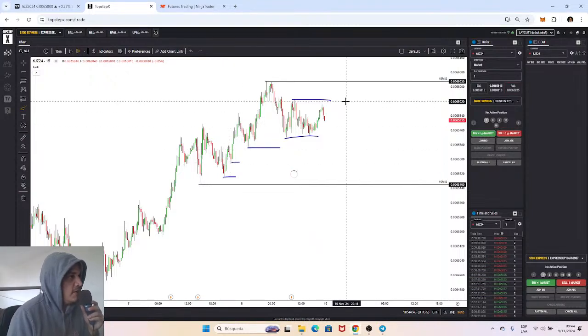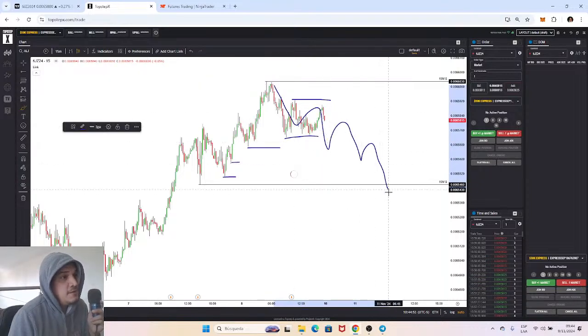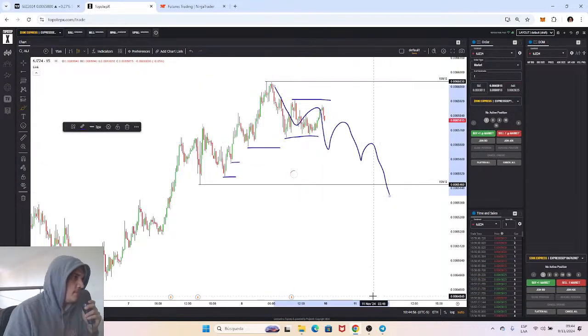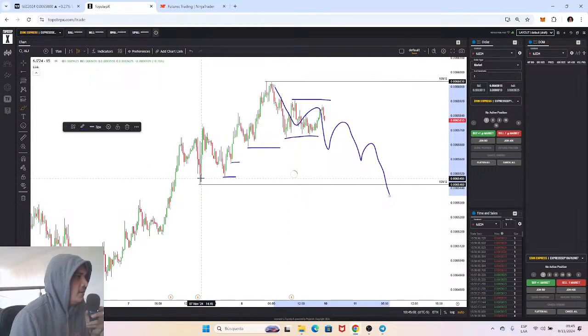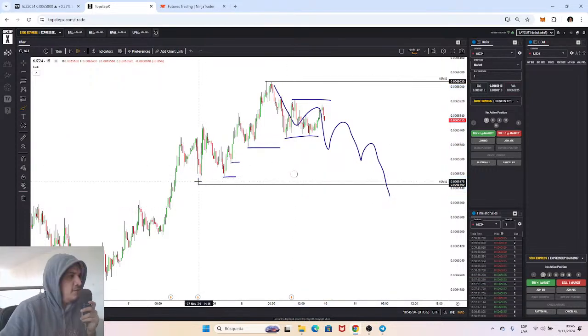Now, counter trend trading would be a bearish position, right? So I trade with the trend, and I fade the short-term trend, which would be something like this. Now, this is what I'm going to look for at the open on Monday. I'm going to look for longs here. Now, this is my first level of draw of liquidity here.